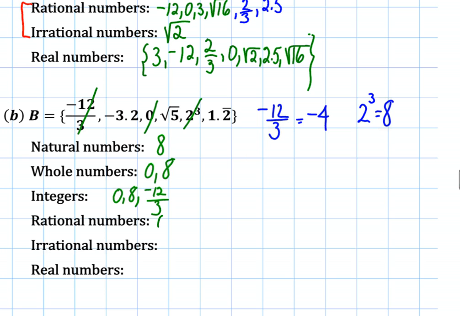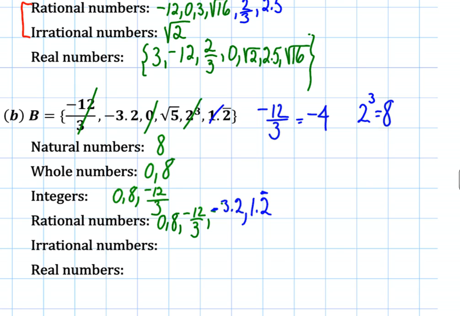So with this list, I'm going to include a negative 3.2, okay, watch my penmanship, and 1.2, and that means that it repeats.